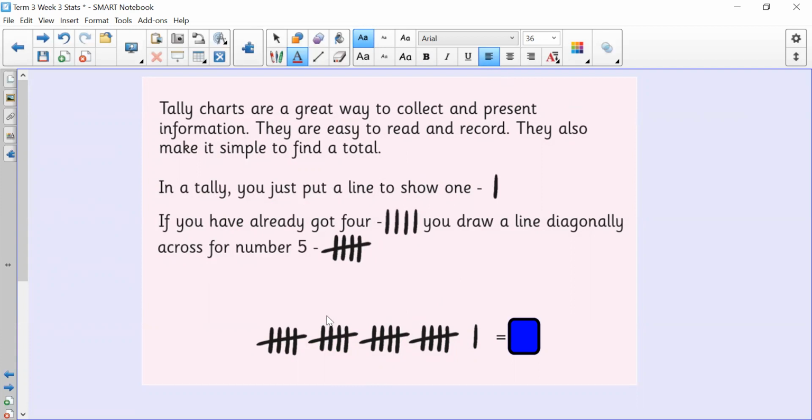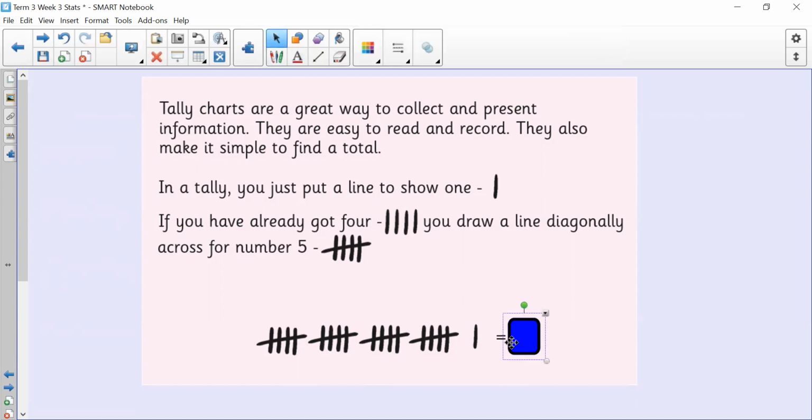Using this knowledge, 4 and then diagonally across for 5, can you pause the video and work out what number this tally is representing? Just do this verbally if you've got someone there to talk about it, or quickly write down the number. Let's see if you got this right. 21.